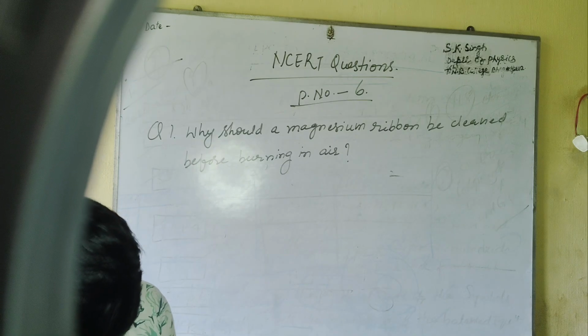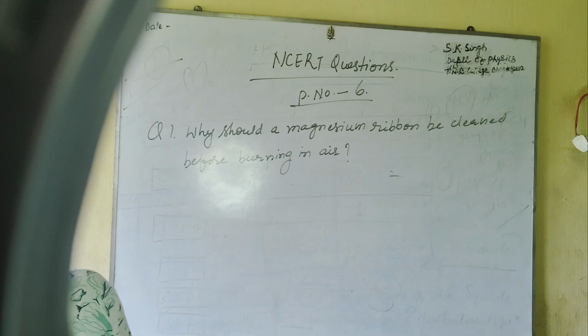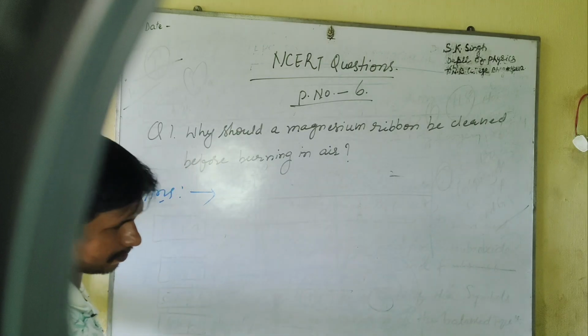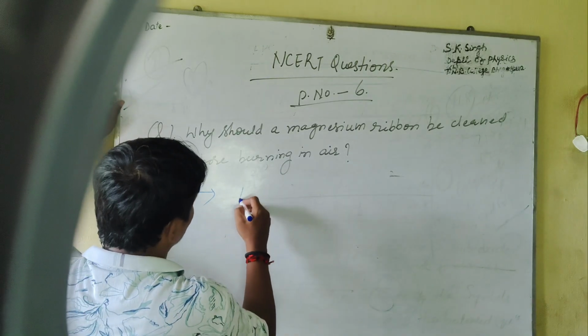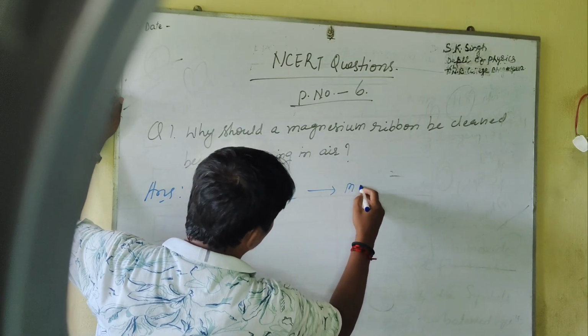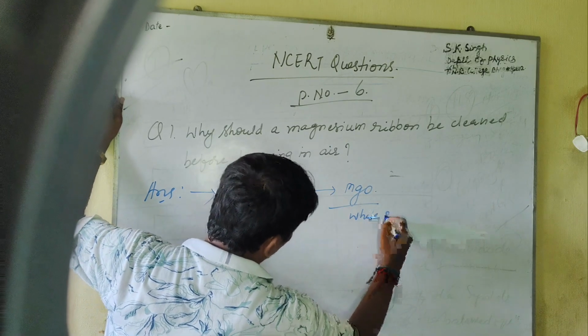Why is the magnesium ribbon cleaned before burning in air? Let's see the example. When magnesium burns in the presence of oxygen, it gives magnesium oxide, which is a white powder.